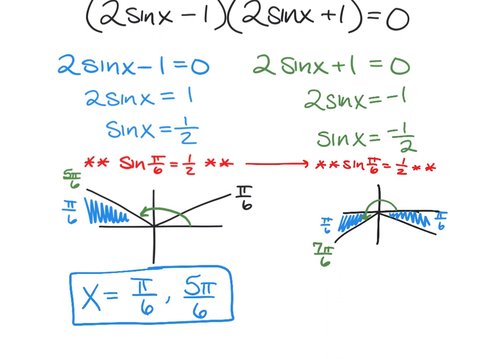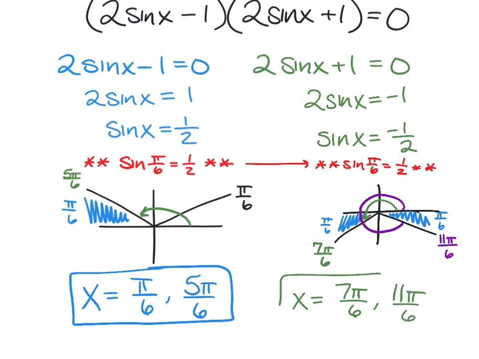And what would this one be? 11 pi over 6. So that means the other two solutions here are 7 pi over 6 and 11 pi over 6. So all of the pi over 6's, basically.